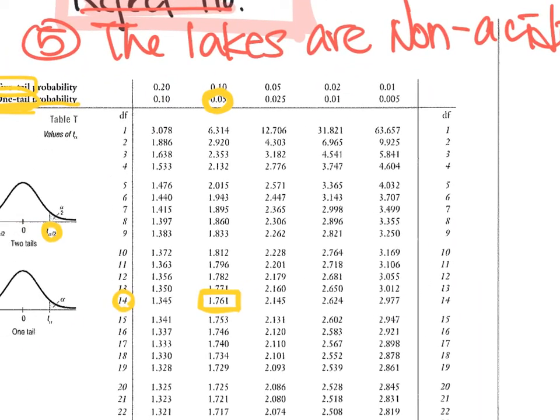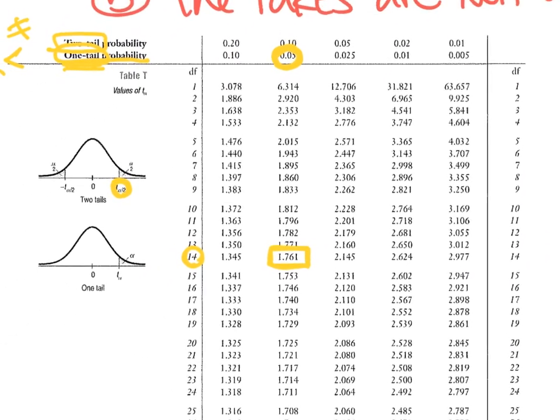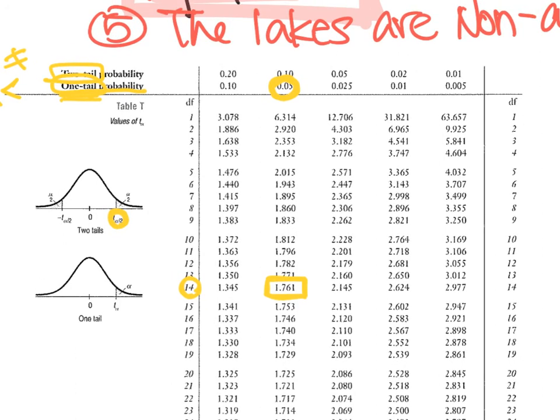Let me go to the t-table, and now we have the two-tail probability. The two-tail test is not equal to, and alpha is at 10%. So let me go to the same column.